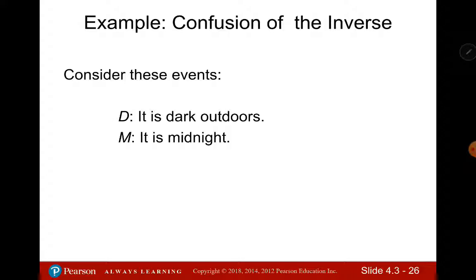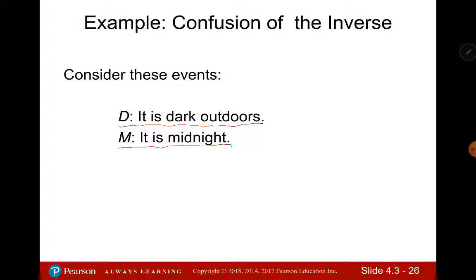Let's see an example of this mistake. If we check this, D stands for it's dark outside, and M is it's midnight. Okay, event D means it's dark outside.